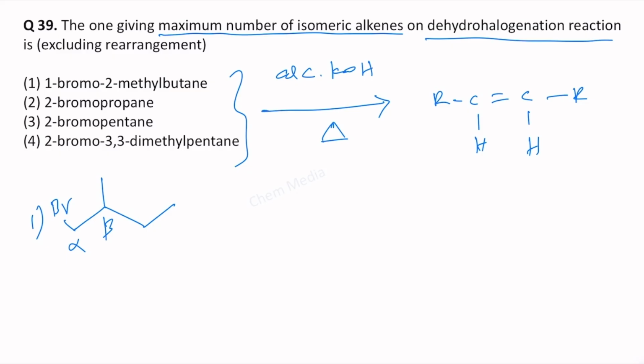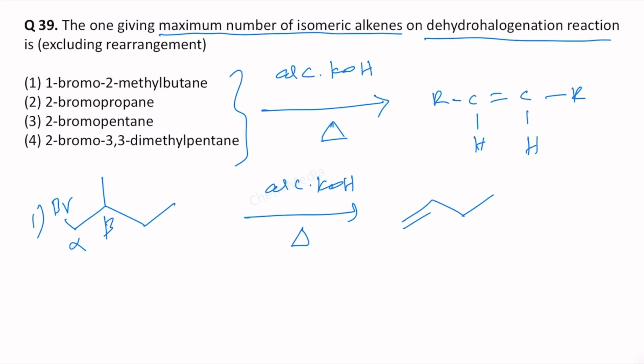So here we have 1 beta hydrogen, and therefore in presence of alcoholic potassium hydroxide and heat, what will happen is we will get 2 methyl but-1-ene and also KBr and water.